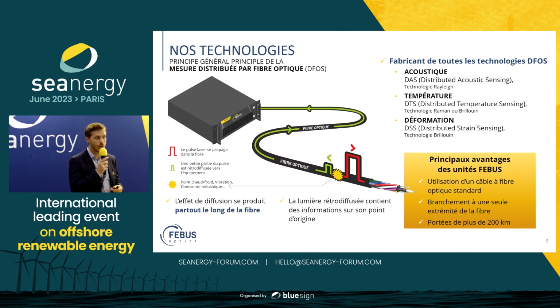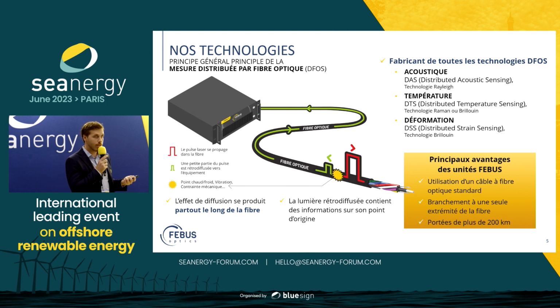Instead of being used as a telecommunication, transmitting information from point A to point B, we get information throughout the cable, meaning that every meter, every 5 meters, we will get information on temperature, strain, and vibration of this cable. This is due to different effects that we call Rayleigh, Raman, and Brillouin.